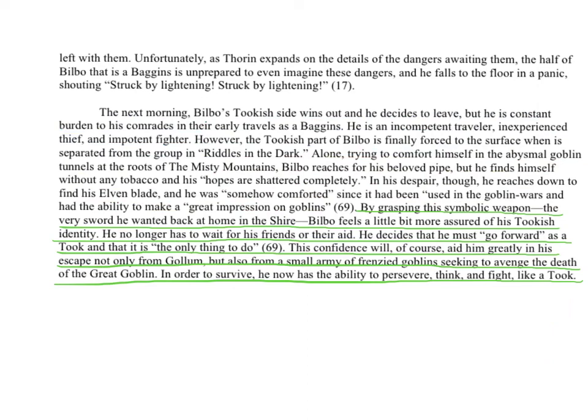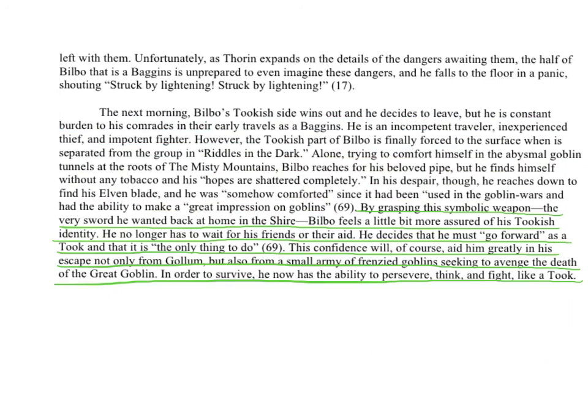But this sword, this symbolic weapon, provides him the confidence he needs to step forward as a Took and to forget his Baggins-ish fear. Now, this moment will be huge for Bilbo as he begins to believe in himself more and more as a Took.